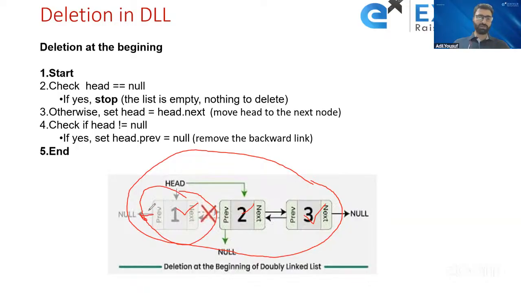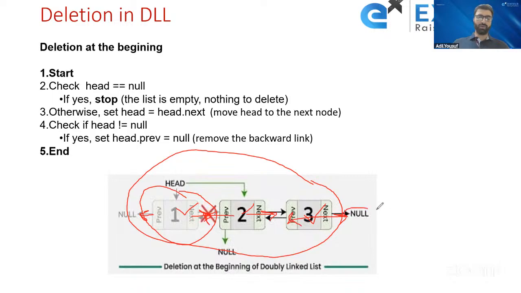The previous of the first node is pointing to null. And next of node 1 is pointing to node 2. Similarly, previous of node 2 is pointing to node 1, and next of node 2 is pointing to node 3. Then previous of node 3 points to node 2, and next of node 3 is pointing to null.